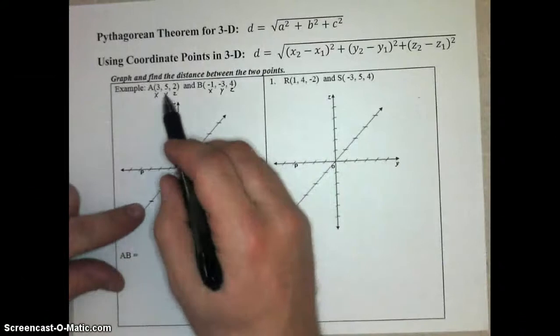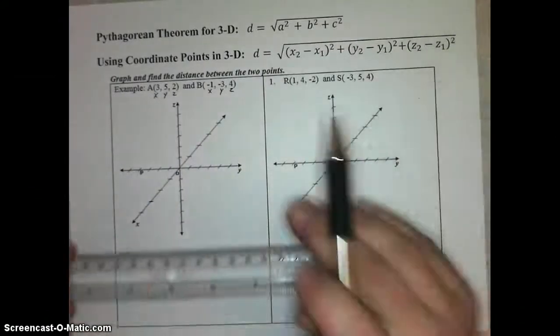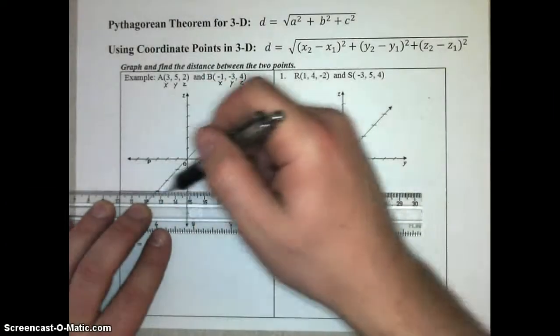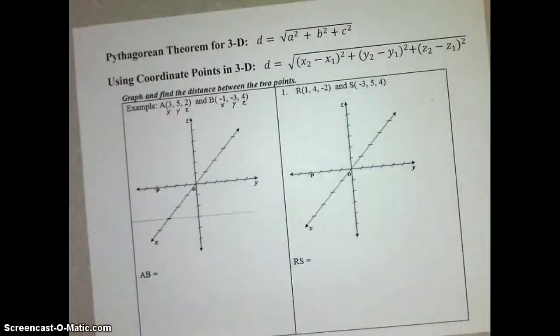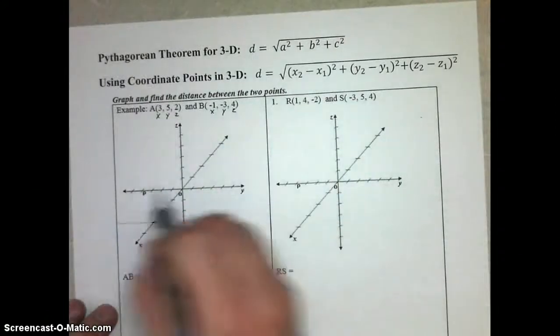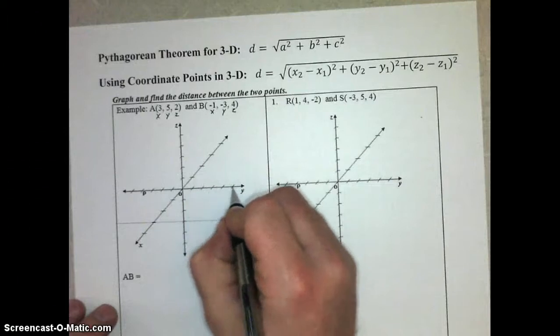Alright, so I'm going to make a very faint line through that x value. Then my y-coordinate is 5, so my y-axis is the one moving left to right, and the right side is positive, so we're going to count 1, 2, 3, 4, 5.